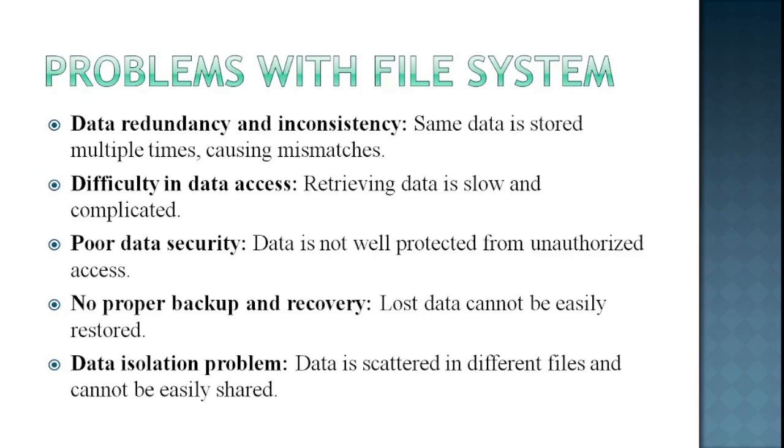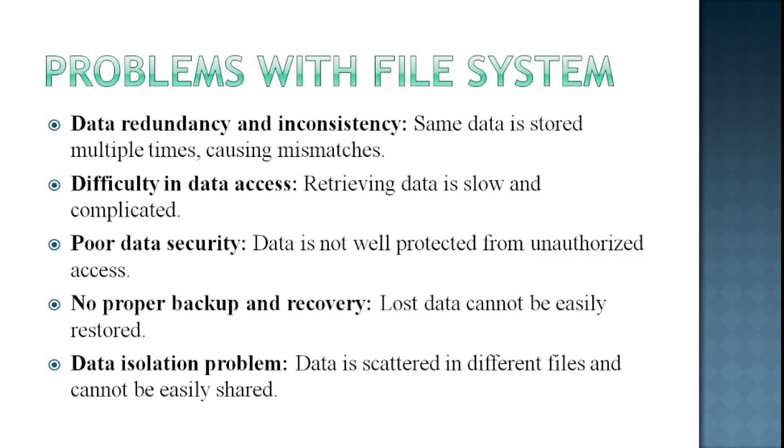As I already said, if duplicate data is stored multiple times, it just wastes our storage space, right? Difficulty in data access. Retrieving data is slow and complicated, right? Poor data security. Data is not well protected from unauthorized access. This is a concern.